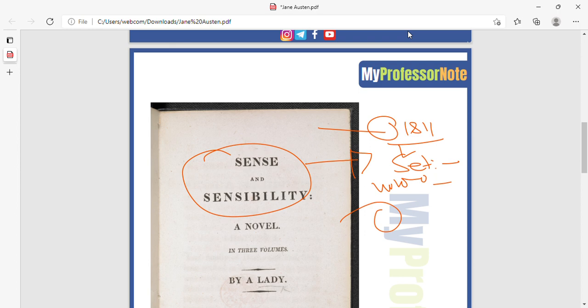Now you will remember them in the way of a story. For example, here in Sense and Sensibility, Henry Dashwood's widow, Mrs. Dashwood, walked out of her home with Elinor, Marianne, and Margaret. These three daughters and one woman, all four women, walked out of their home.